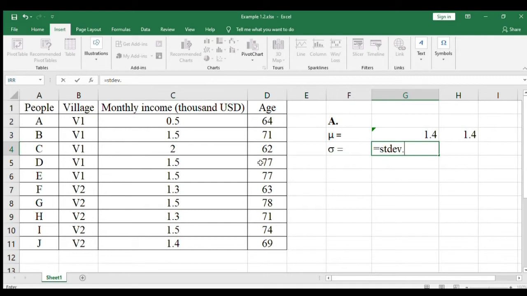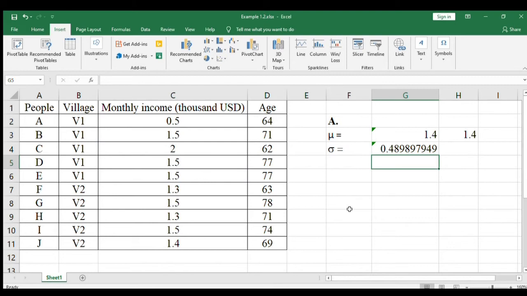We use stdev.p because we compute the standard deviation based on the entire population. If you want to compute the sample standard deviation, you can use the function stdev.s, but in this case we use the function .p because we calculate for the entire population. And you choose all the income values of the people living in village V1, and then you hit enter.